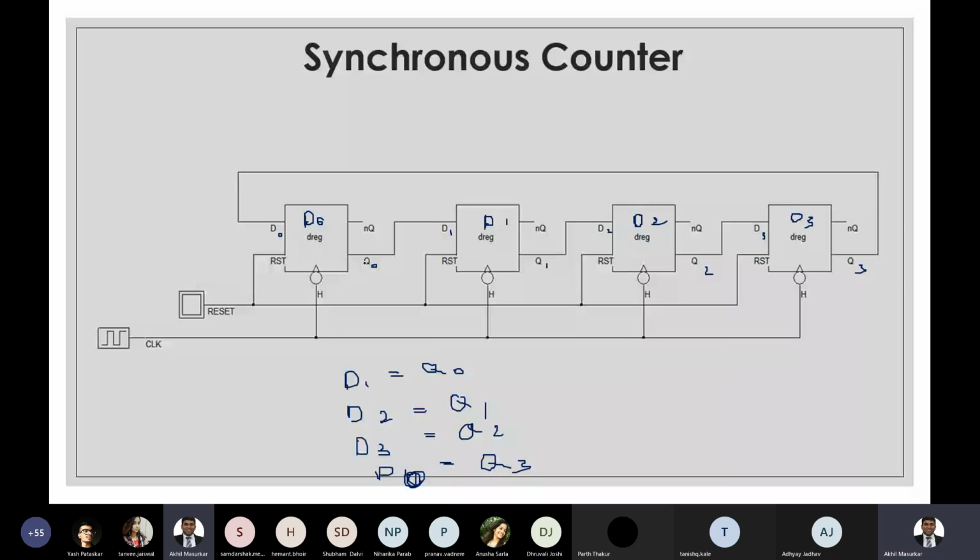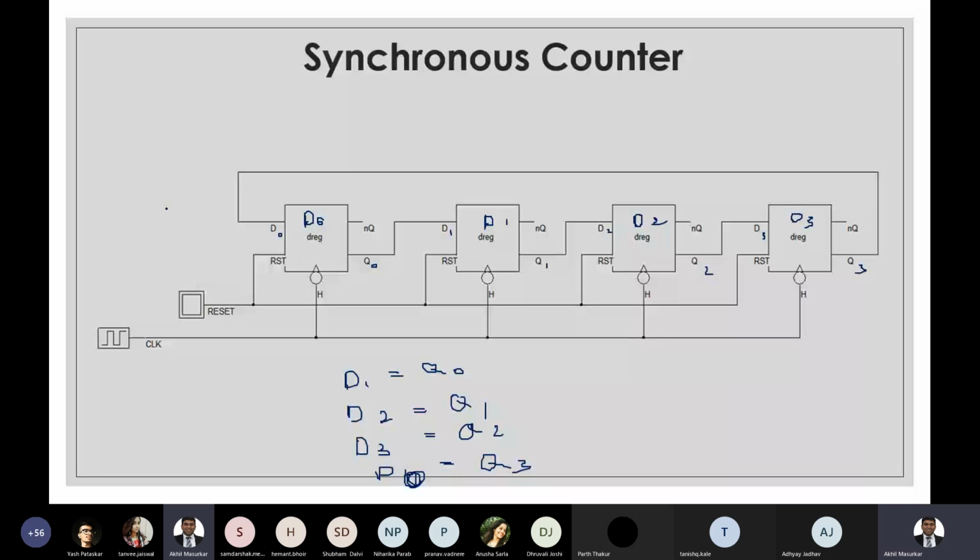Now what I want you to tell is, if you implement this circuit like this in DSCH, it will not work. The problem here is with the reset. The moment you reset, the output of all the flip-flops becomes 0.